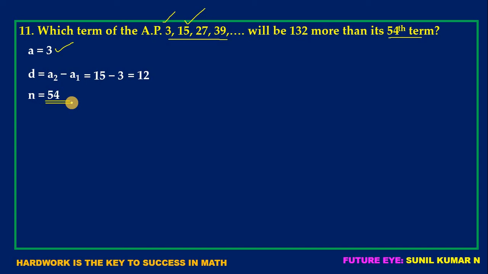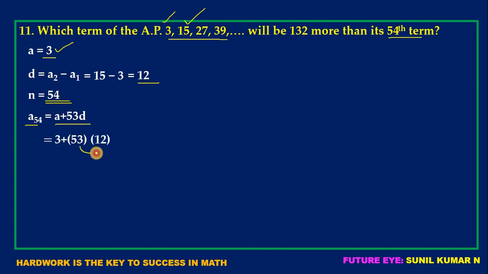Now let us consider the nth term formula, children. If you use the nth term formula you will get it. Otherwise directly you can write like this: the 54th term we can write as a plus 53d. Not a problem, children. So substitute the values. a value is 3 and d value is 12.